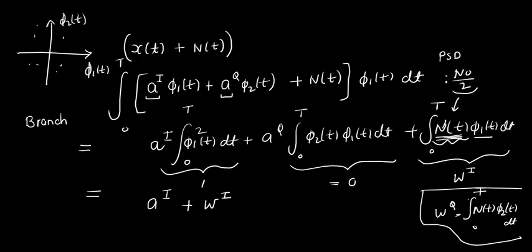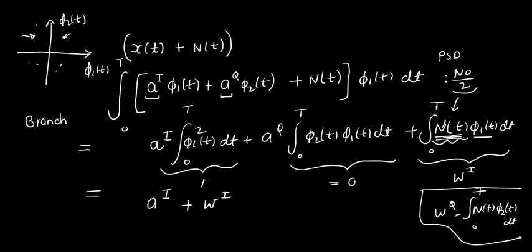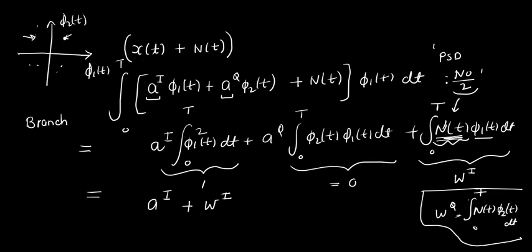For example, you transmit this point, there will be some noise. After some time you transmit the same point, there will be some noise, or you transmit this point, there will be some noise, but the noise is different. You cannot predict it because it depends upon the hardware, and you don't know what is happening inside the hardware. This is random fluctuation of electrons which you are modeling. Okay? Yes or no?